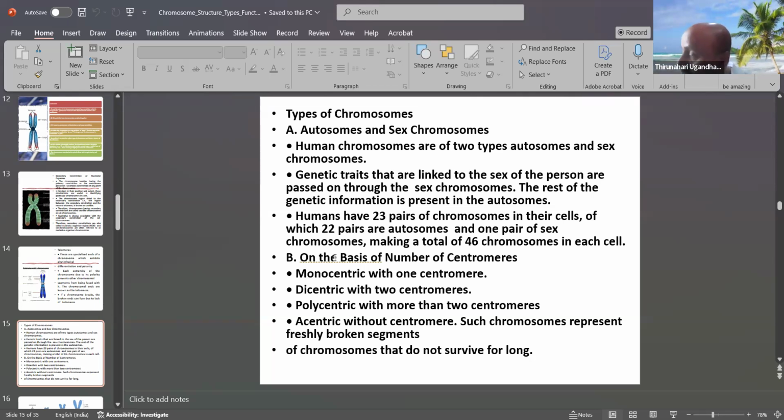First, without a centromere is called acentric. Only one centromere, monocentric; two centromeres, dicentric; more than two, polycentric. Polycentric or broken segments of chromosomes do not survive for a long time.